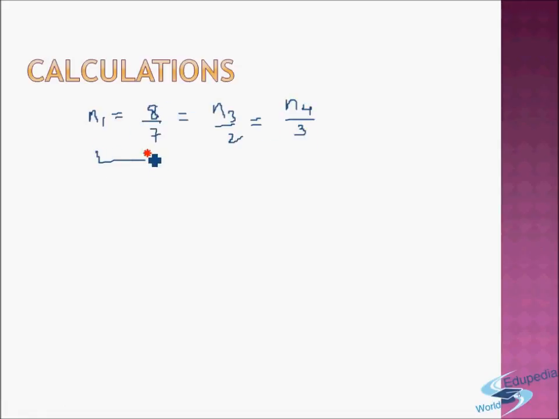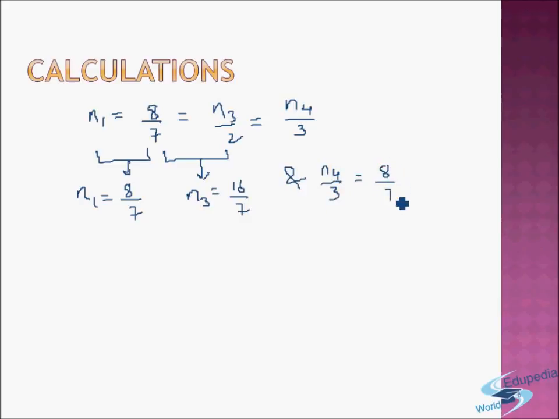It's quite easy now. This means N1 is equal to 8 by 7 moles. N3 is equal to 2 into 8 by 7, that is 16 by 7. And N4 by 3 is equal to 8 by 7, so N4 is equal to 24 by 7 moles.